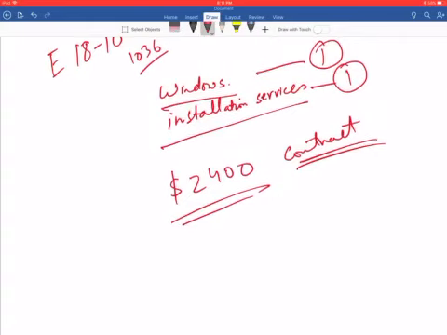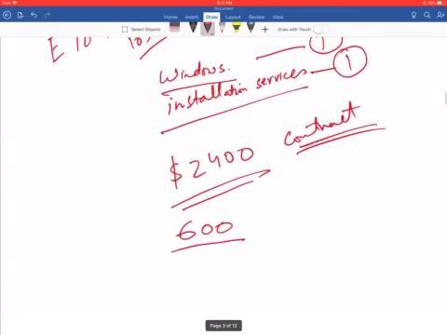So now, what does it say later? Let's read further. The installation service is estimated to have a standalone selling price of $600. In order to allocate, we need a standalone price for each of those performance obligations.